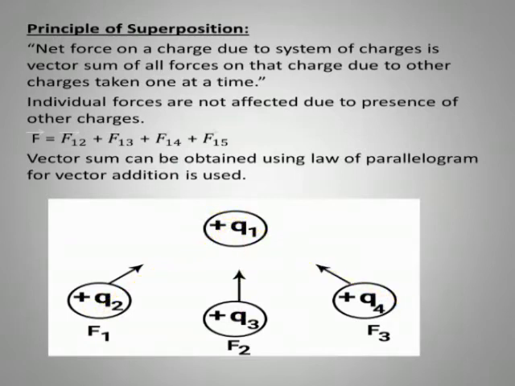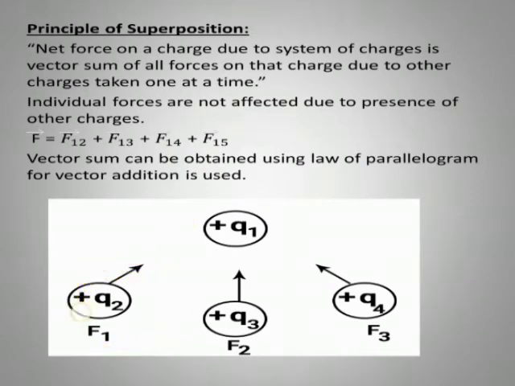So after taking separately, firstly, if I take these two charges, the force between these two is F12. So yes, q1 is being exerted a force by what, q2. So it's been exerted a force due to which charge, q2.